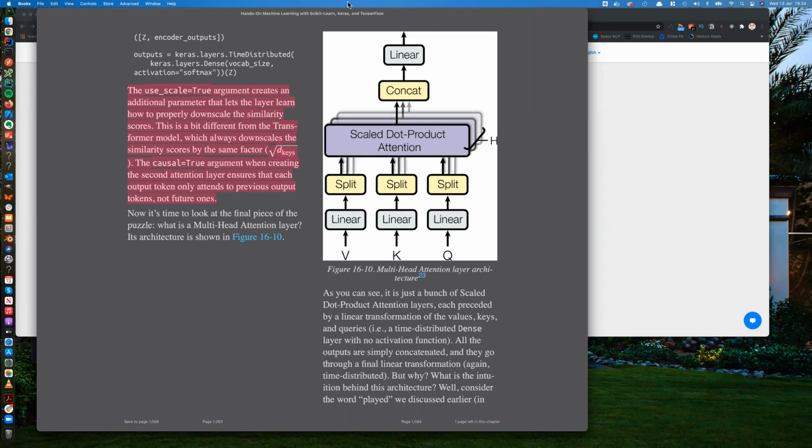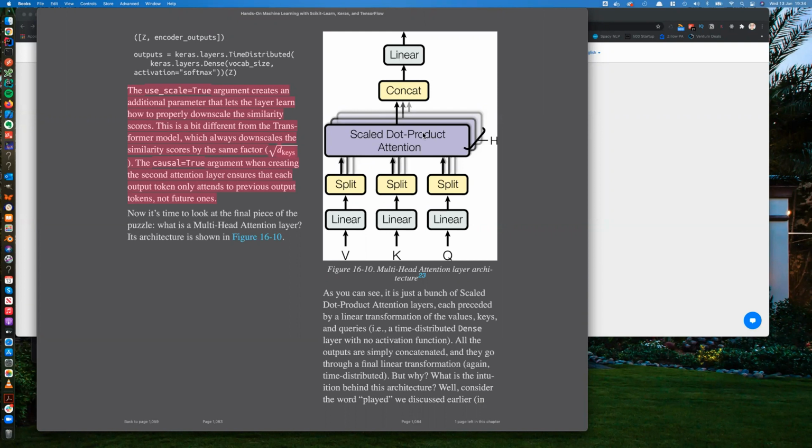So let's have a look at the multi-head attention layer architecture. This is where the multiple heads are, so each one of these is a head. You've got the keys, values and queries going into one head, doing all the calculations, and then you've got multiple heads, and then there's a concatenation of the results, and then some further processing above to shape it.